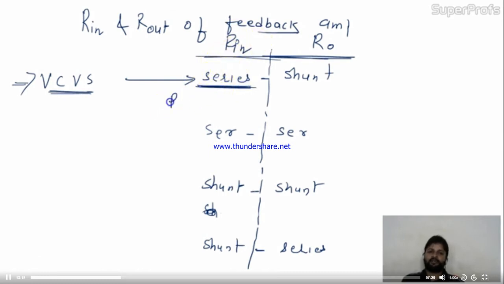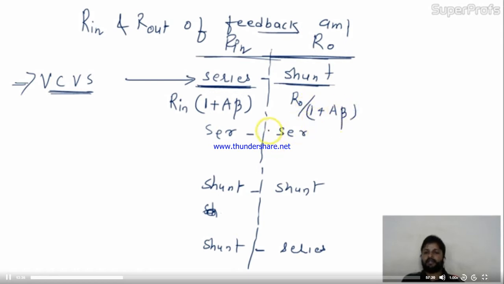And Rin will always increase by 1 plus A beta times. If the output is shunt, your Rout will definitely decrease by the factor 1 plus A beta. So R0 will be multiplied by 1 over 1 plus A beta.